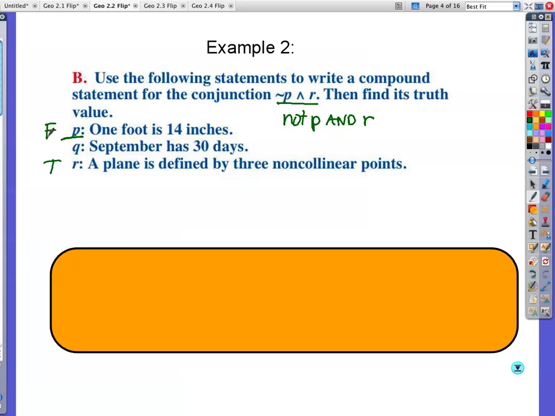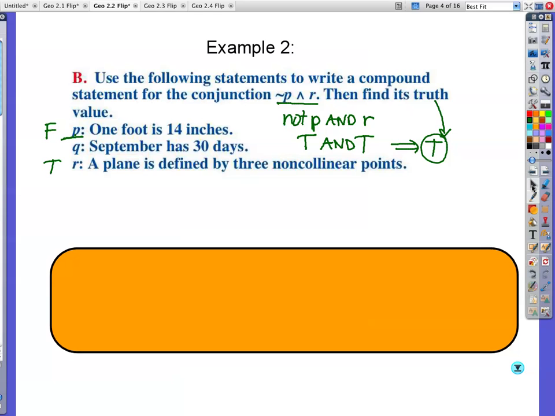If P is false, but then I say not P, then I'm going to put down a true. Because I'm negating. I'm doing the opposite. That's what it means when you say not. So P is normally false, but I'm doing the opposite, so I have true. Then I put down the word and R is also true. So if I have true and true, what's the overall? This is where you look back to that first thing in your notes, those little charts. T and T, the overall statement is going to be true. The truth value is true.